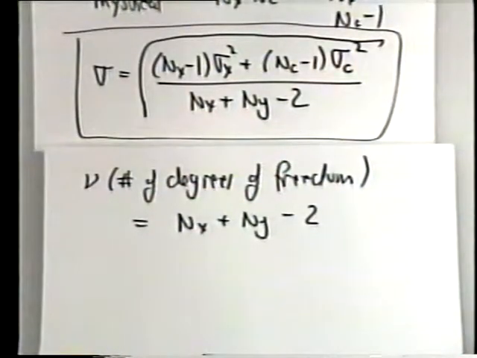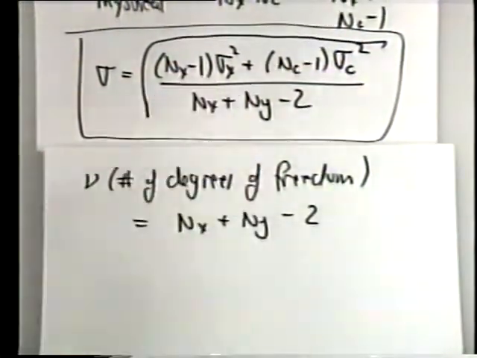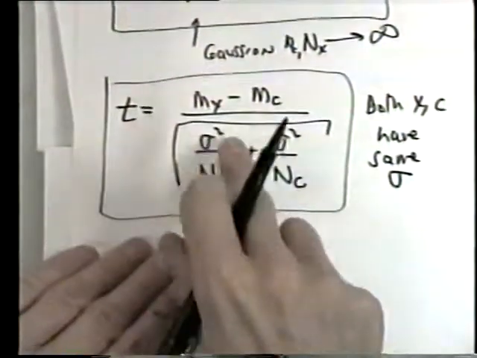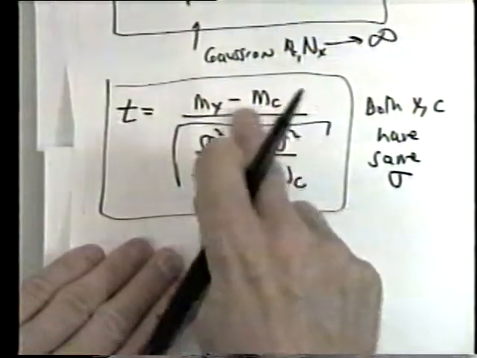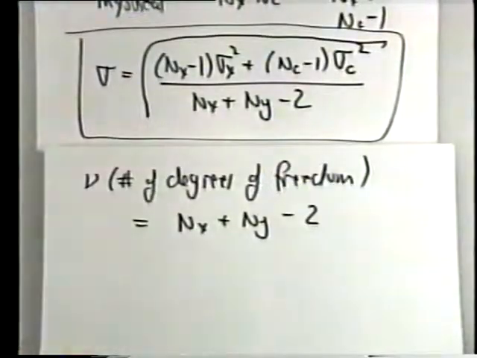Okay, and now where we're going to put this sigma that we got is back into the formula that we've been deriving, where I had sigma squared over nx and sigma squared over ny. So I'm now going to put that sigma into this formula.